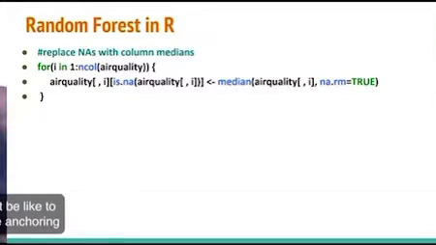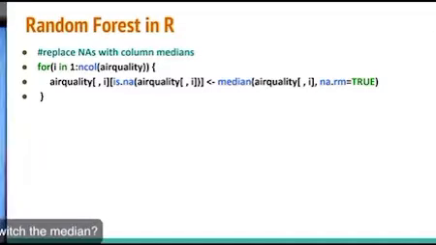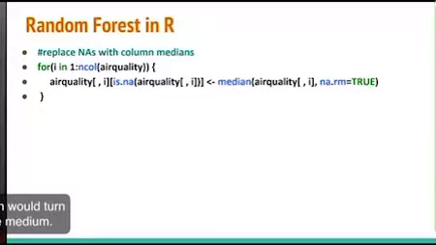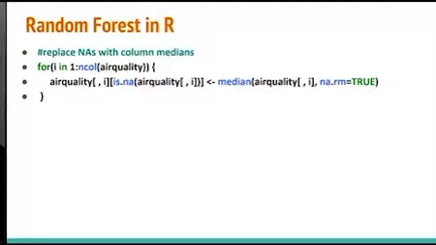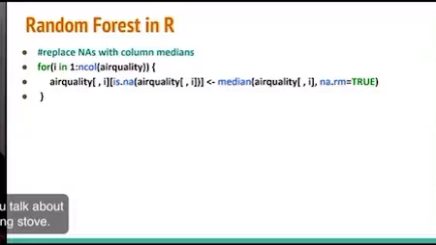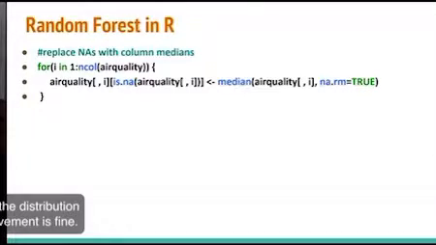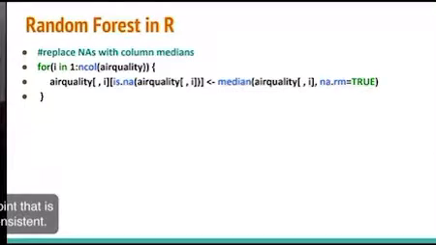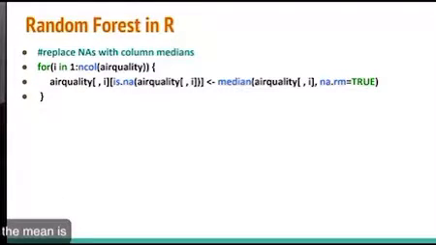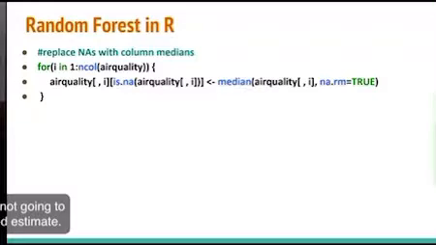Okay, right. On that same topic, if you were to switch to the median, then the mean would turn into the median, I guess, right? When you talk about replacing values, you look at the distribution. The moment you can find a data point that is not consistent, if you put the mean, it's basically not going to be a good estimate.